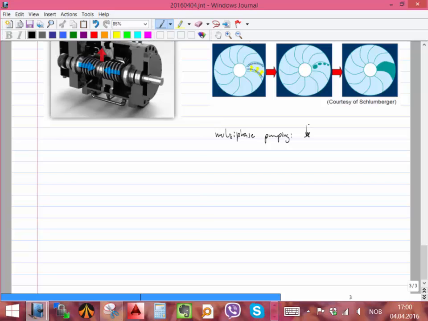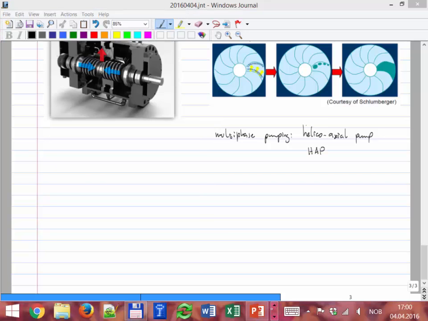helicoaxial pump, okay, sometimes abbreviated HAP, okay, and that one is not using any radial or mixed flow, but it's using just axial.